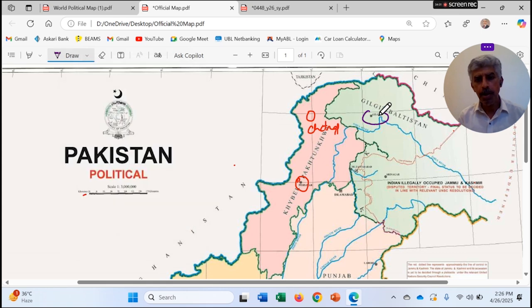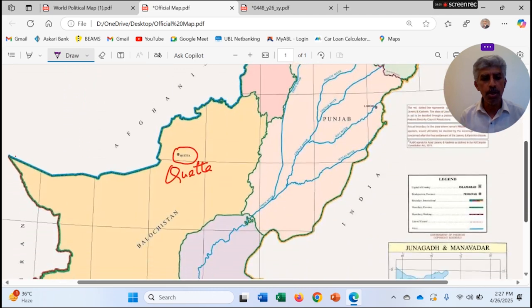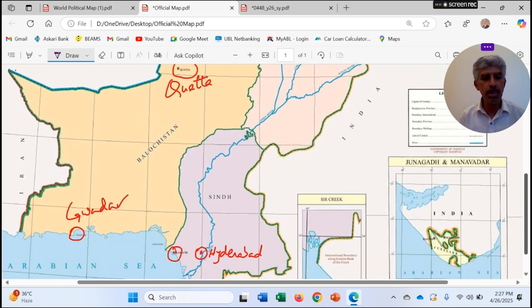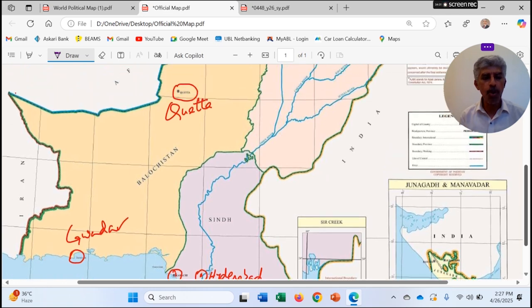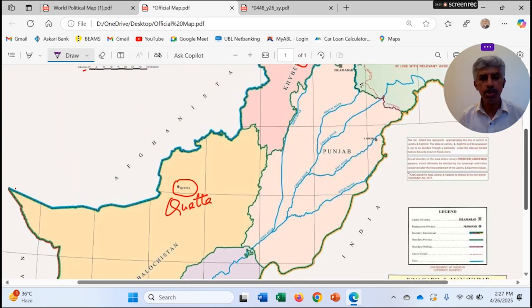Okay, so Gilgit, and at this point we have Skardu. So these two cities of northern areas of Pakistan, the Gilgit and Baltistan region, Gilgit and Skardu are to be identified by the students. So two cities from northern areas, two cities from Khyber Pakhtunkhwa, two cities from Balochistan, and two cities from Sindh province are to be labeled by the students.